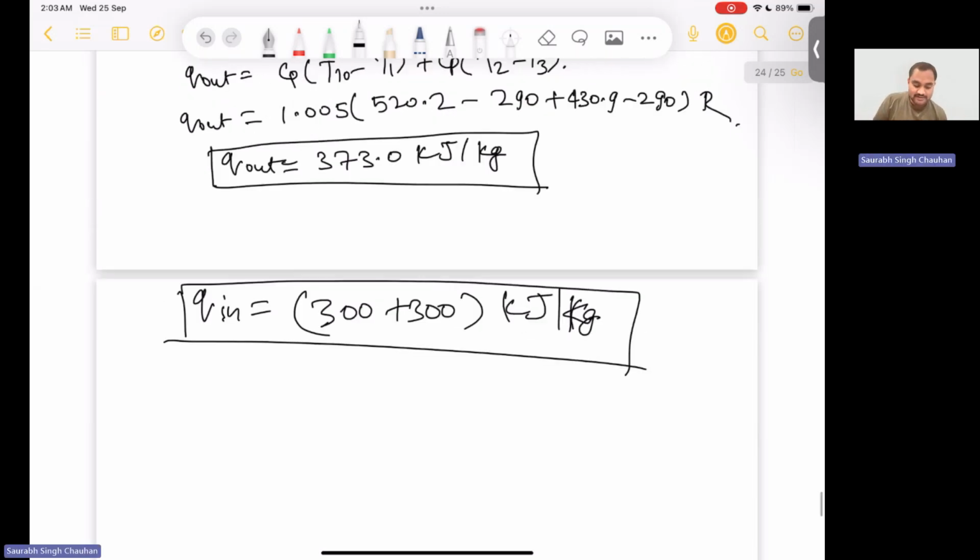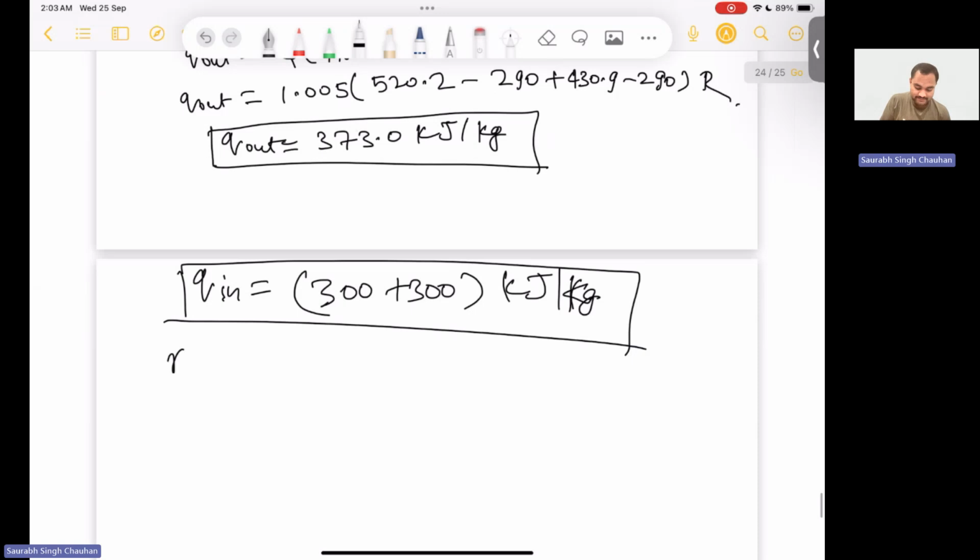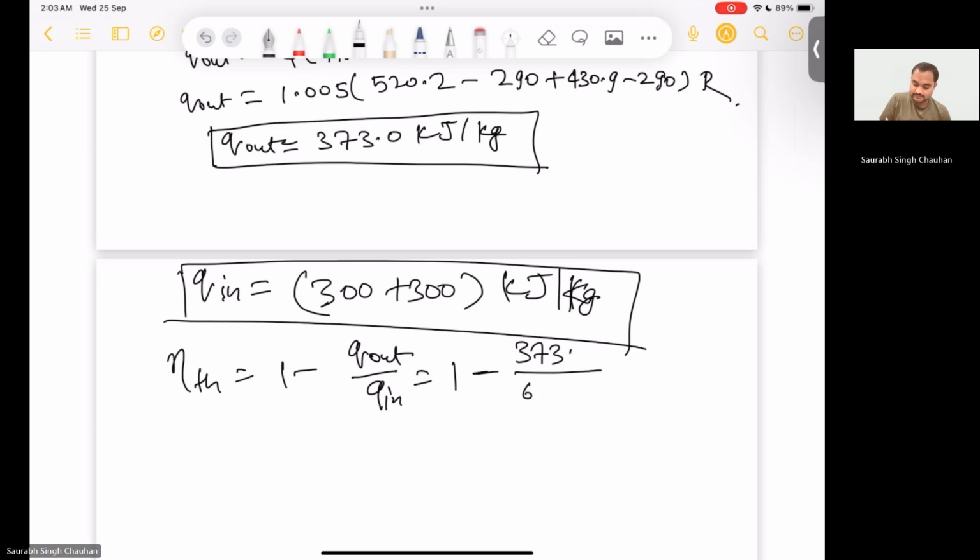Okay. Now you can find the thermal efficiency, that is equal to 1 minus Q out by Q in. Just substitute the values, you will get 1 minus 373 divided by 600.